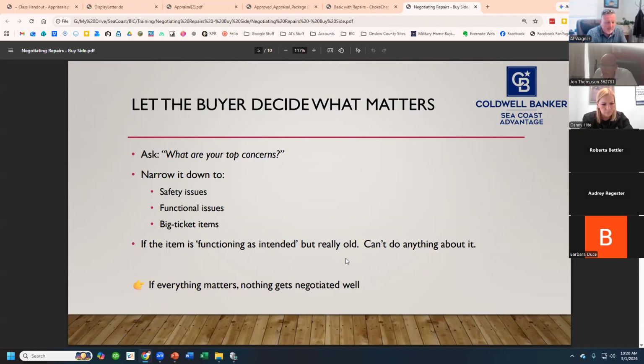Understand that, right? That's the key words right there, functioning as intended. So if somebody comes back and says, well, it's working, yeah, but it's making this loud noise. It's not functioning as intended, because functioning as intended, it does not make that loud noise. You understand the difference with that?